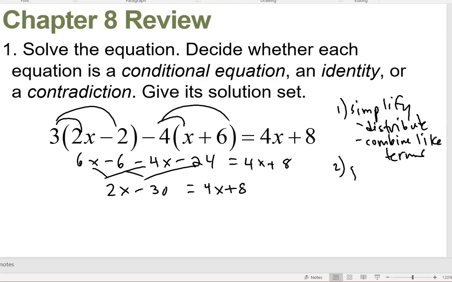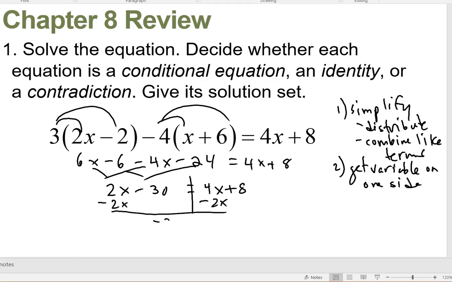Let's get the variable on one side. So I could subtract the 4x or subtract the 2x. Since I want to keep things positive, I'm going to go ahead and subtract the 2x and get that negative 30 is equal to 2x plus 8.